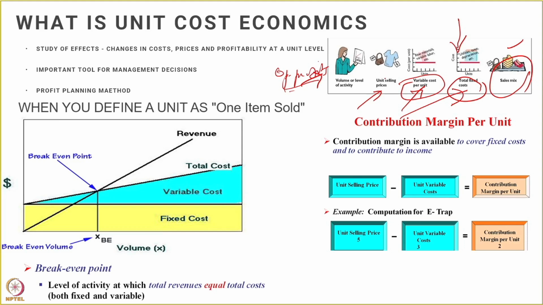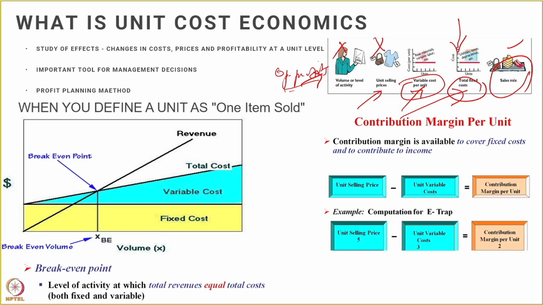For different levels of activity with different variable cost, if you actually look at what is the operating profits, that is another way of looking at unit cost economics. Of course, with prices, which is a decision that we are taking at a unit level, and volumes.